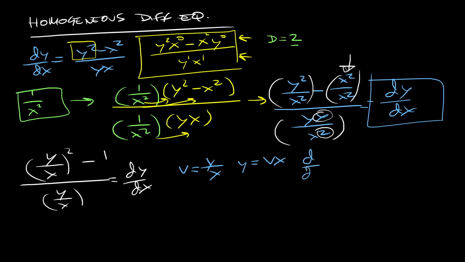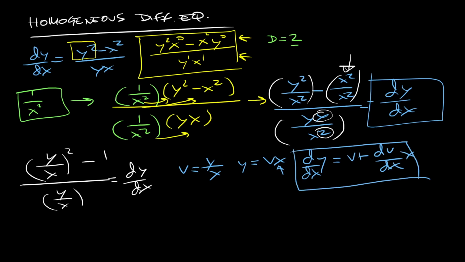So d/dx of y, using the product rule, the derivative of x is 1, so it's v plus dv/dx times x. We're going to need this later on.